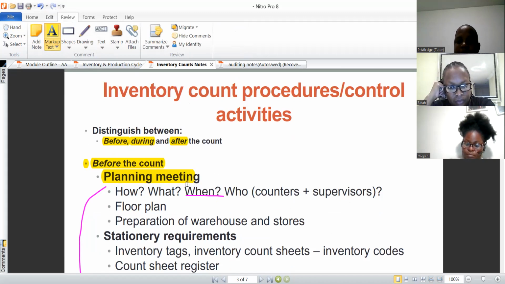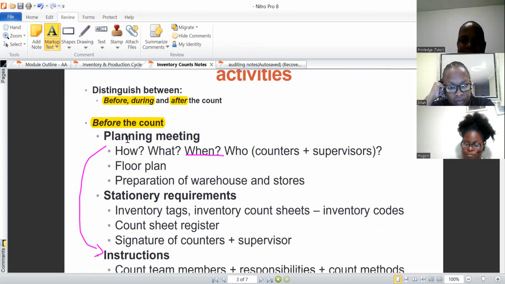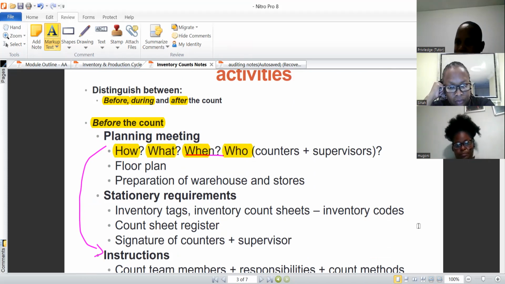So before the count, they'll plan. They'll establish a planning meeting where they'll discuss how the inventory will be counted, what inventory items will be counted, when they'll be counted, and who will perform the count. They'll also give floor plans, and preparation of the warehouse and stores should be done during the planning meeting.